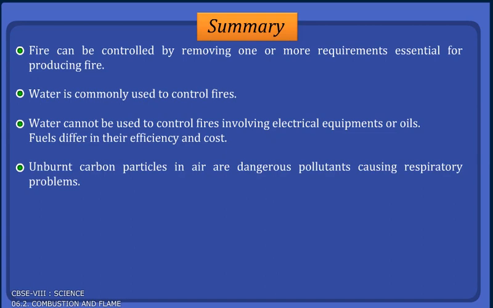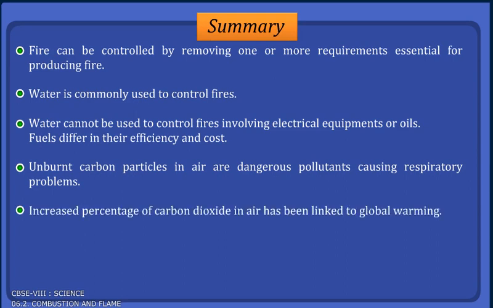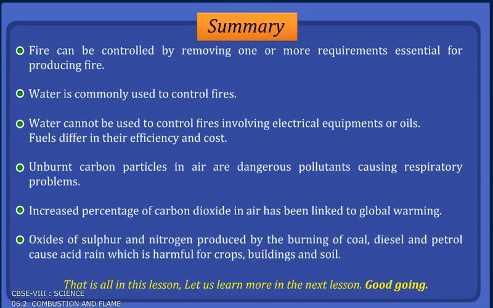Unburnt carbon particles in air are dangerous pollutants causing respiratory problems. Increased percentage of carbon dioxide in air has been linked to global warming. Oxides of sulfur and nitrogen produced by the burning of coal, diesel, petrol cause acid rain, which is harmful for crops, buildings and soil.